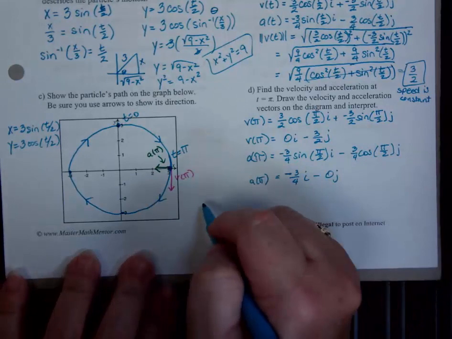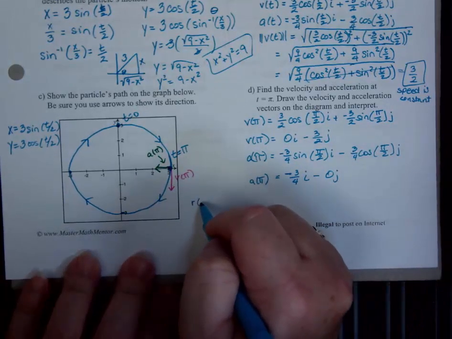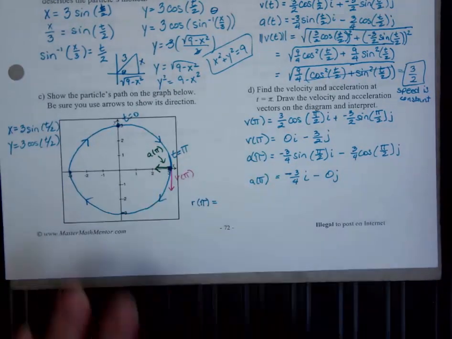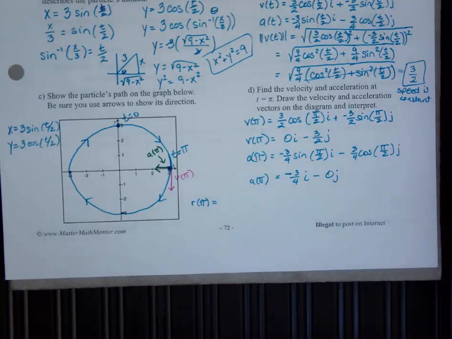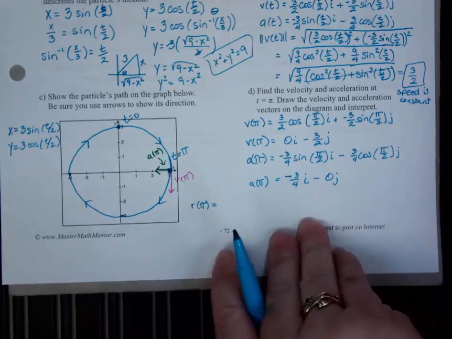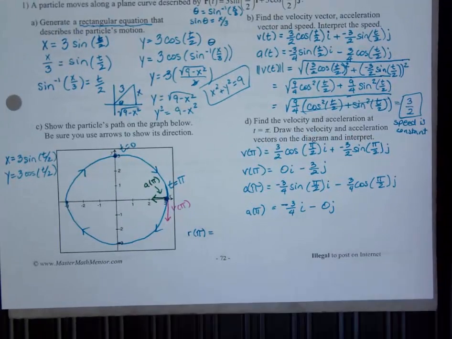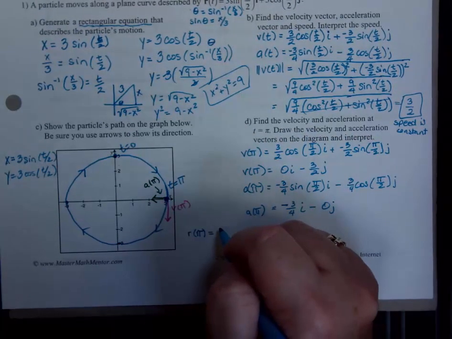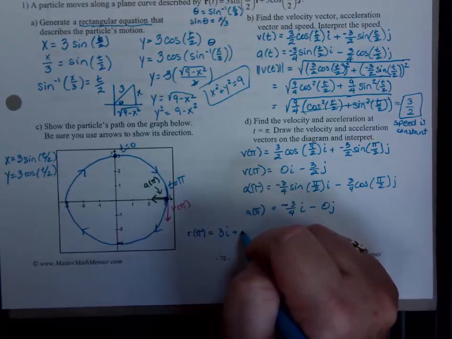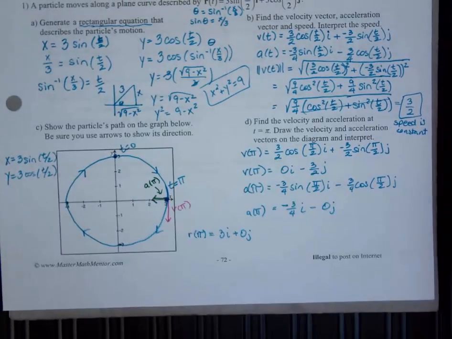If I took the original equation r of pi, what would it give me? Well, let's do the math and see what it is on the picture. It would be 3i plus 0j.